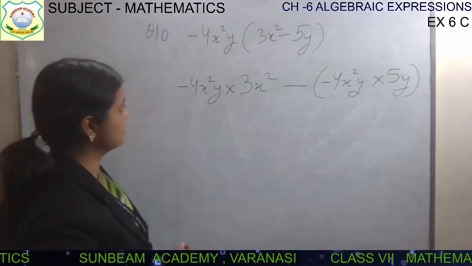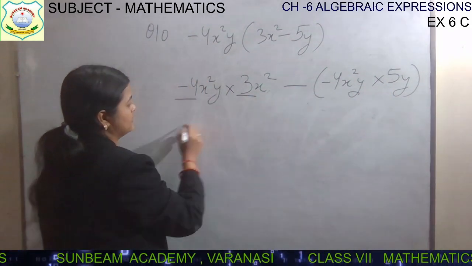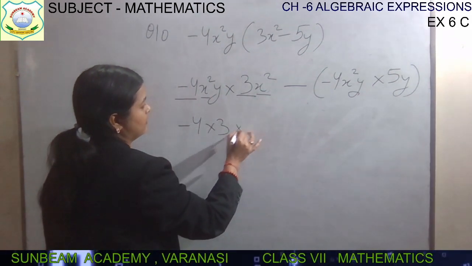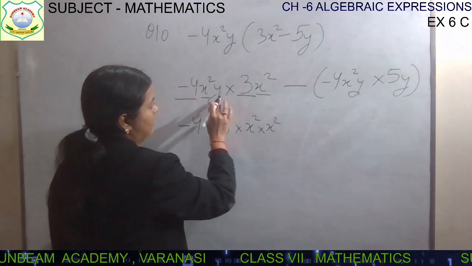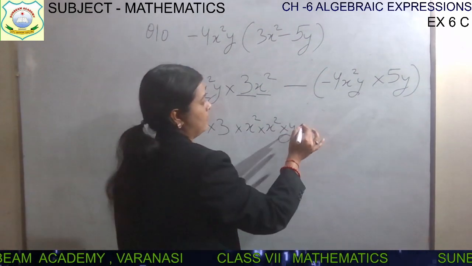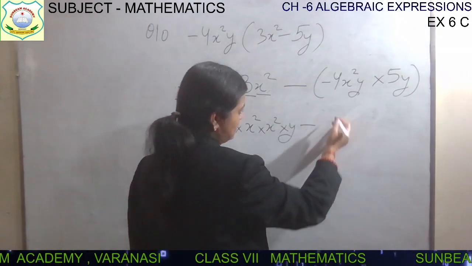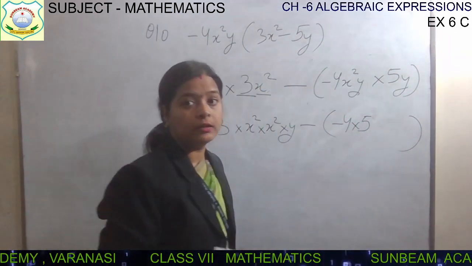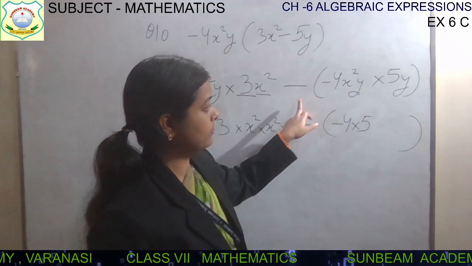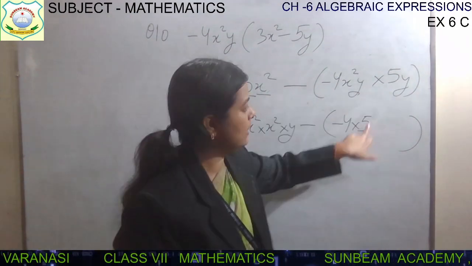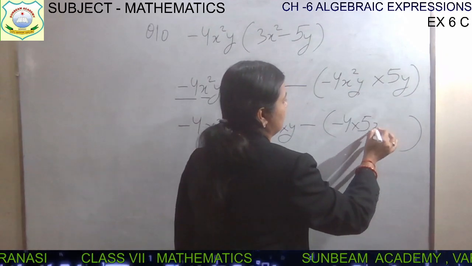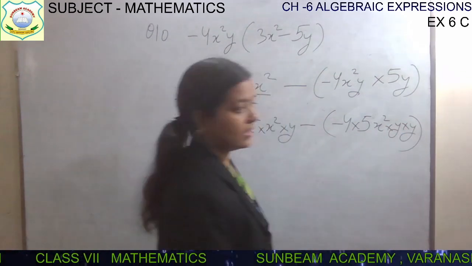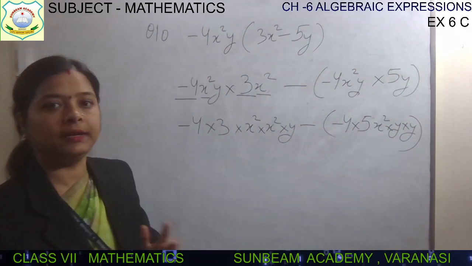Okay, no need to get confused. Now collect the numbers. Minus 4 into 3. Now collect the variables, x square into x square, and y is there also, so y. Now minus, just solve this bracket, minus 4 into 5. Collected the number first. The bracket is not open yet, son, so minus 4 into 5, then x square, then y into y.